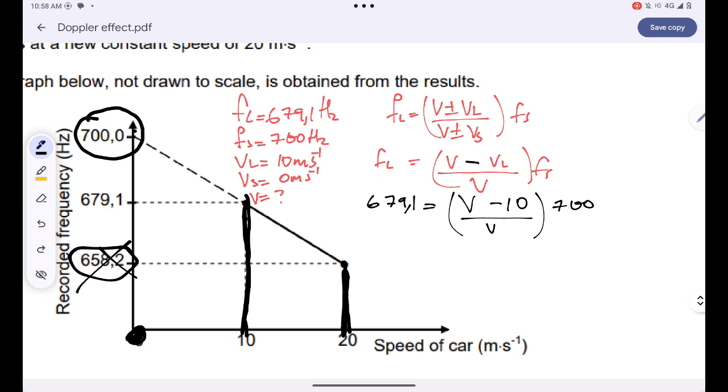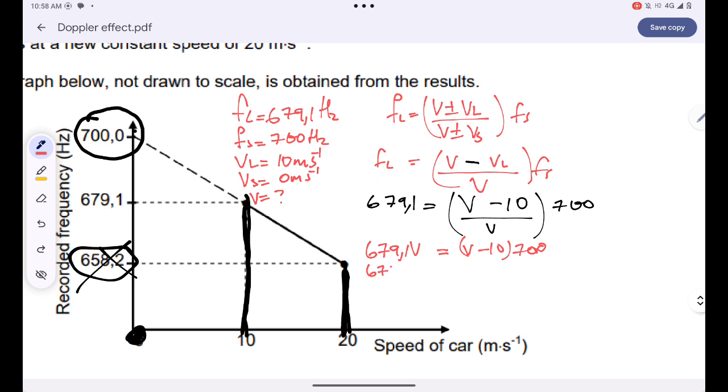All I have to do now is to cross multiply. I'll simply have 679.1 multiplied by v is equal to (v minus 10) all multiplied by 700.